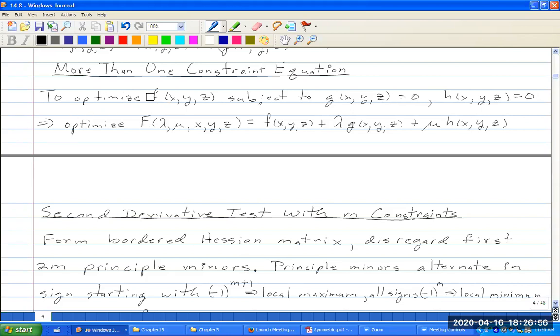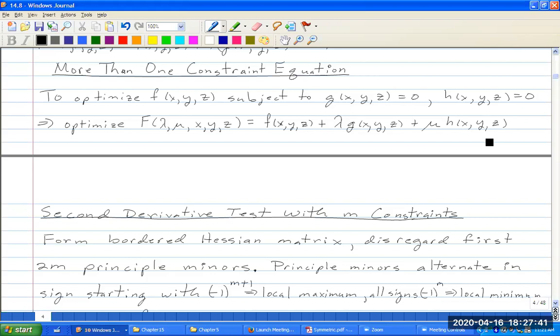Optimize a new function, this Lagrange function, F of lambda, mu, x, y, z, equaling the objective function, f of x, y, z, plus lambda g of x, y, z plus mu h of x, y, z. So this changes this constrained optimization to the case that we've seen before in the previous section.